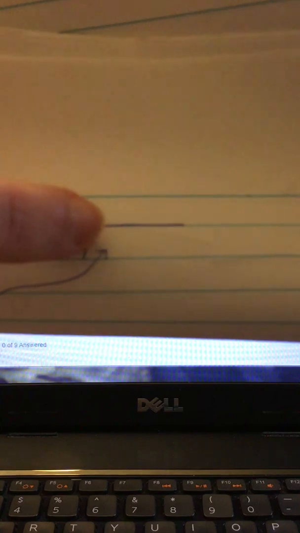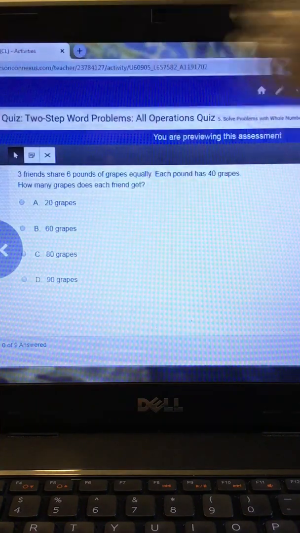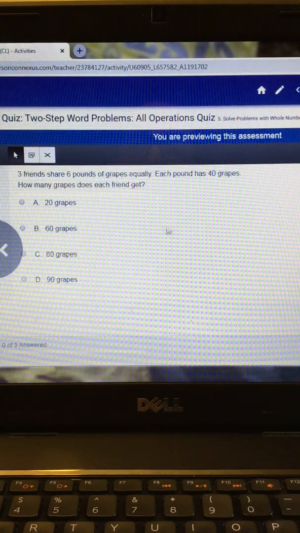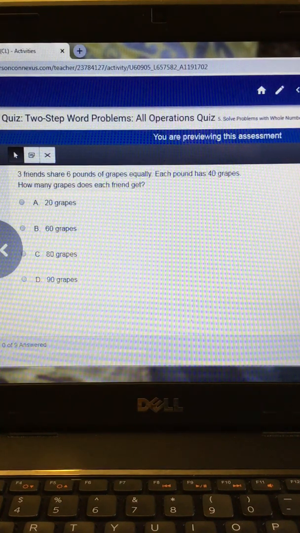If you're not really sure, because it's going to come out to be a 3-digit number here, so if you don't remember how to standard algorithm divide, you can do a fair share. And once you get that amount, it will either be A, 20 grapes, B, 60 grapes, or D, 90 grapes.